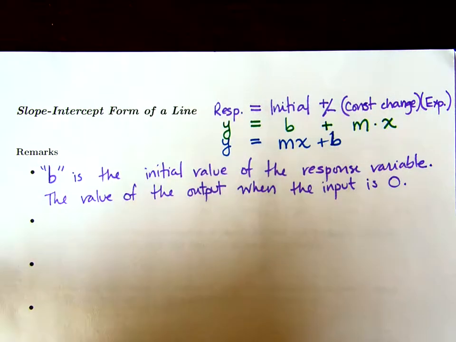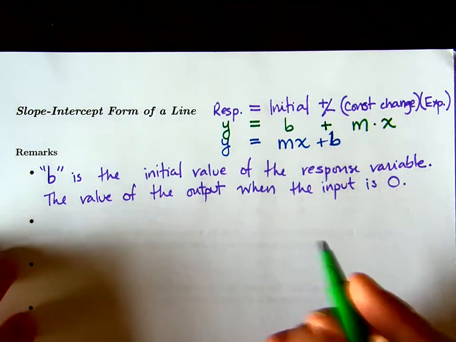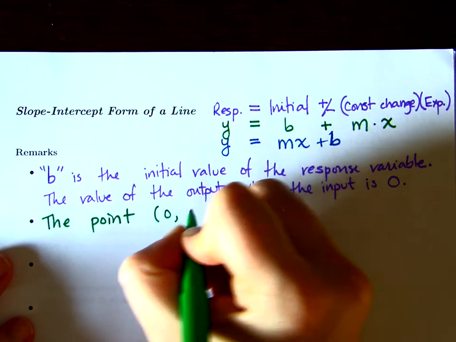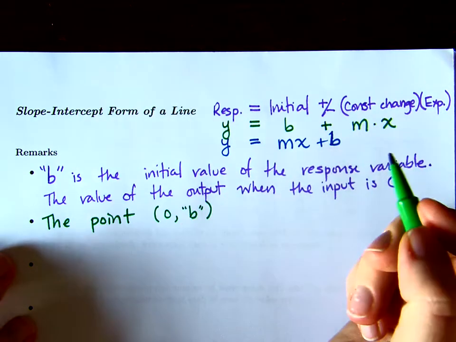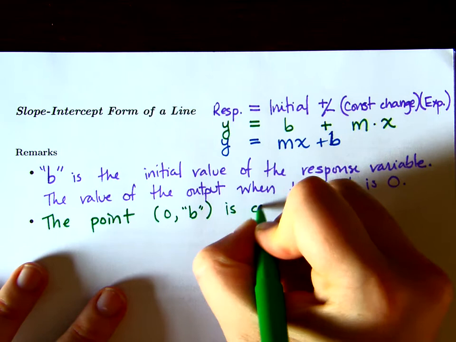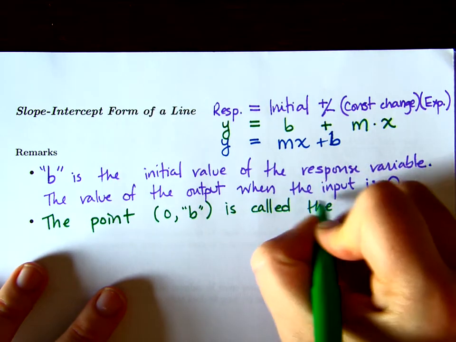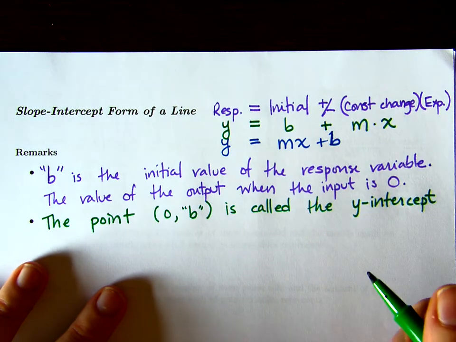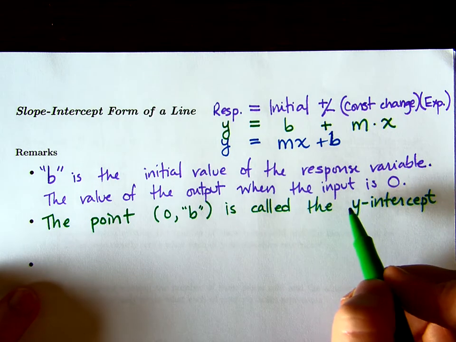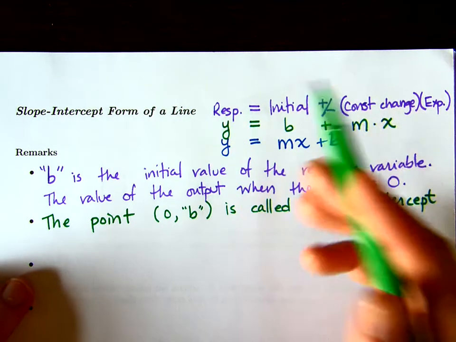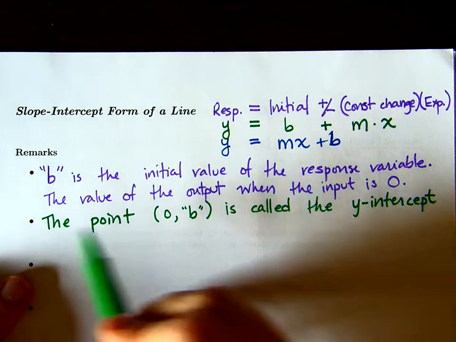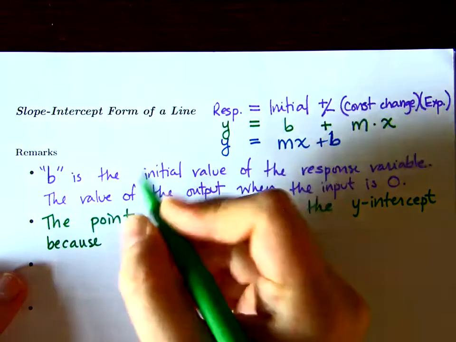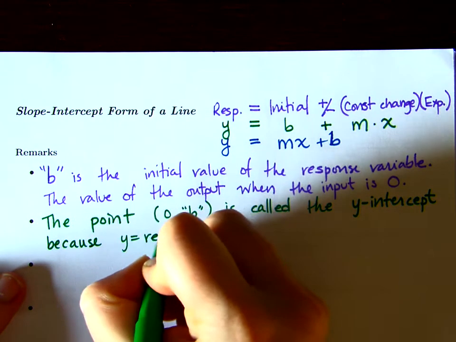Okay, remark number 2, something else that is remarkable. The point 0b, or the coordinate pair 0b, is called the y-intercept. Okay, and that's because y is used to represent the response variable in general. The point 0b is called the y-intercept because y equals the response.